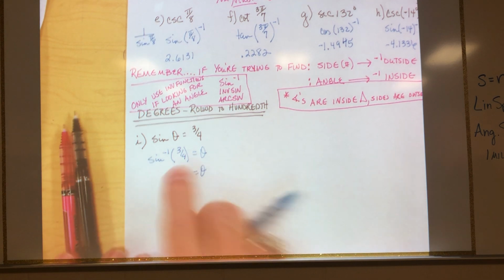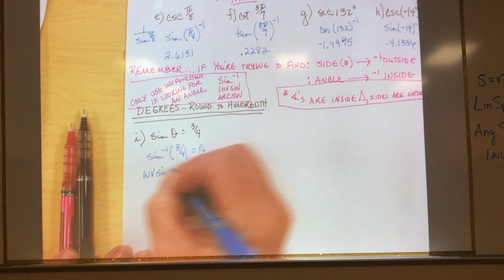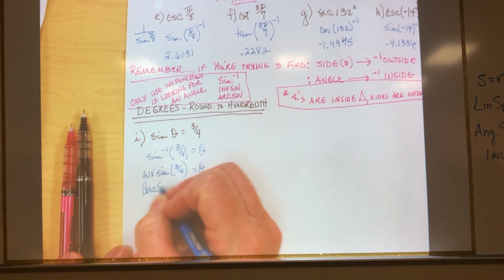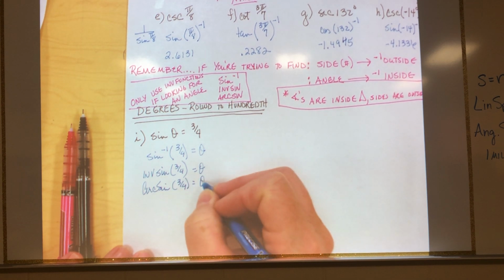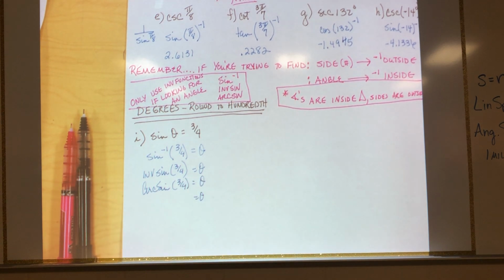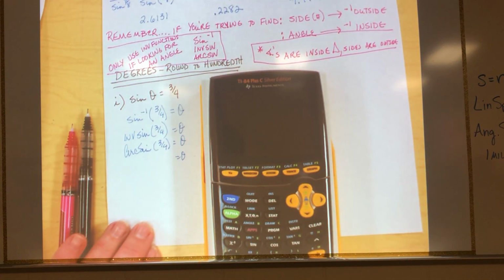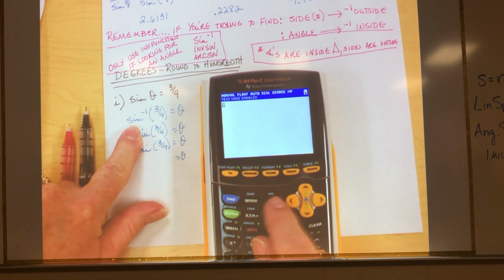I could write this a bunch of different ways: inverse sine of 3/4, or arc sine of 3/4. They're all the same thing. I'm going to make you do some problems that I wrote all different ways.